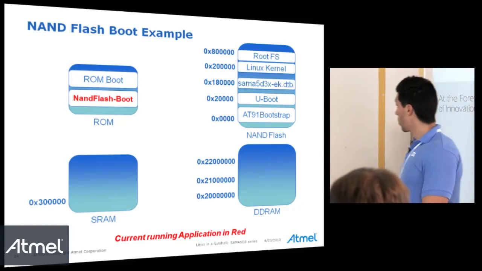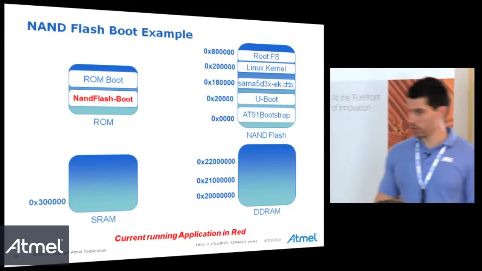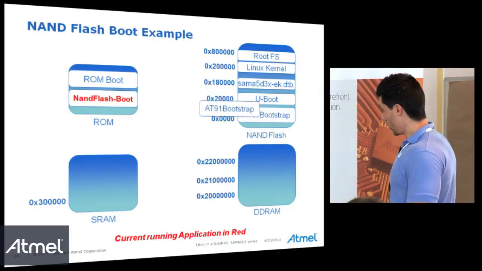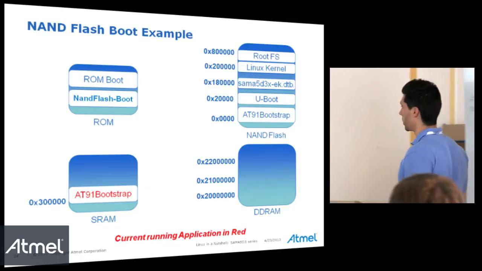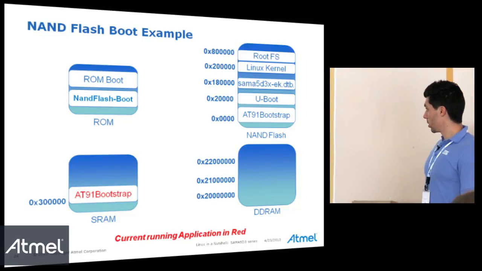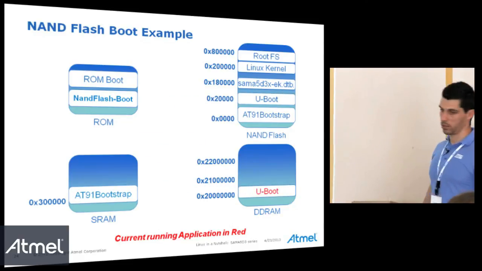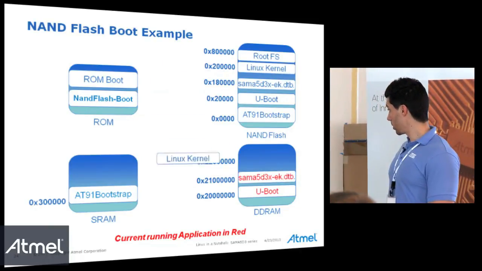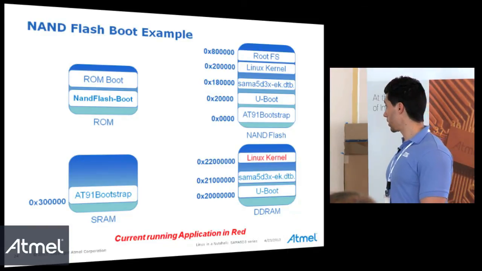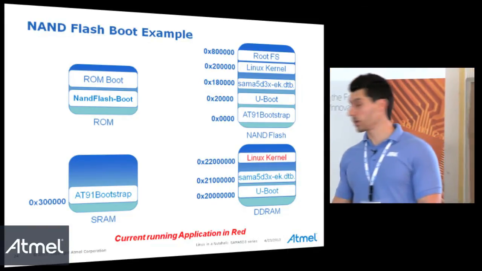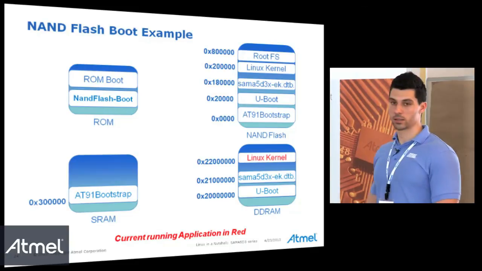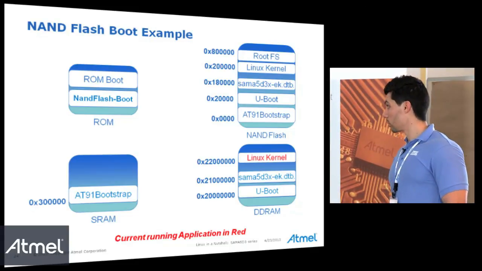Once the application is started, the boot code stored in ROM will copy the bootstrap from NAND flash to SRAM, then execute it. After that, the bootstrap will copy U-Boot in DDRAM and execute it. U-Boot will copy the DTB file and the kernel in DRAM and will execute it. So this is the standard NAND flash boot process.